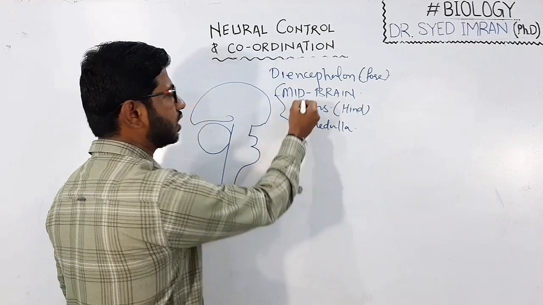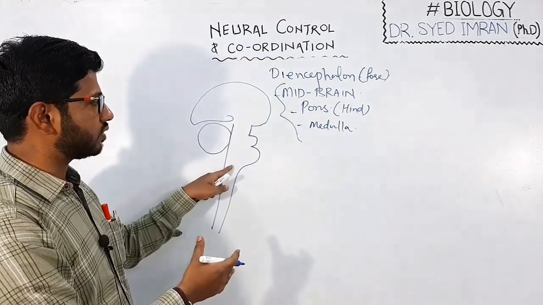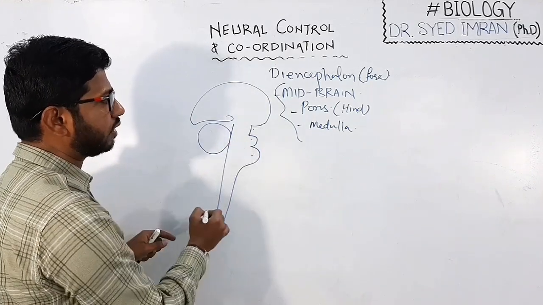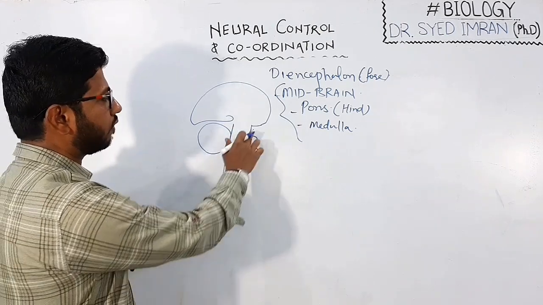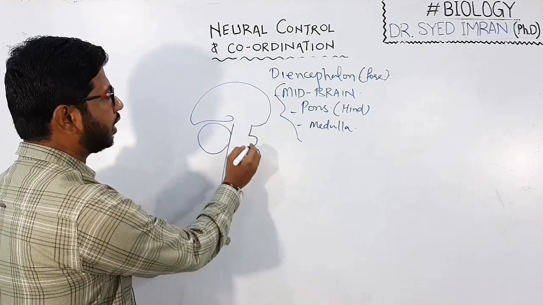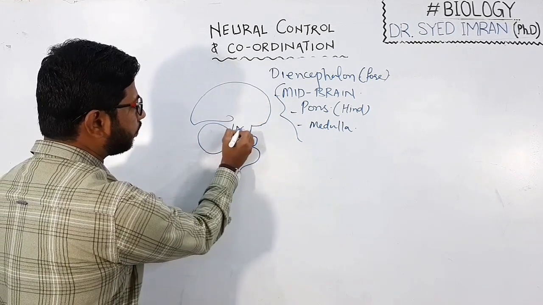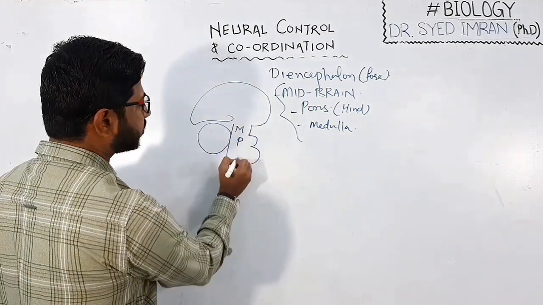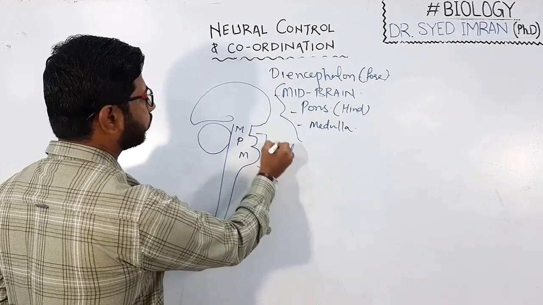These three structures are on the same axis, in a linear position. Therefore, midbrain, pons, and medulla together are known as the brain stem. We are focusing on the midbrain, which is positioned just after the forebrain, and below the midbrain, pons and medulla are the parts of the hindbrain.